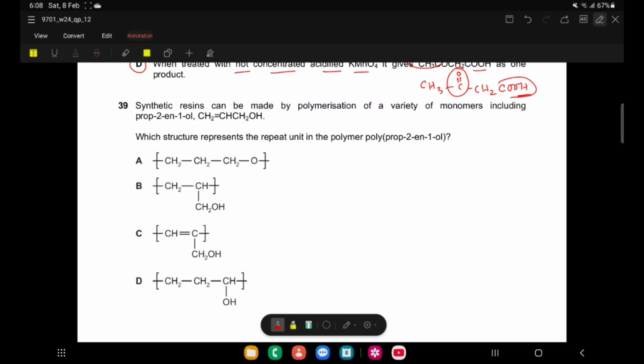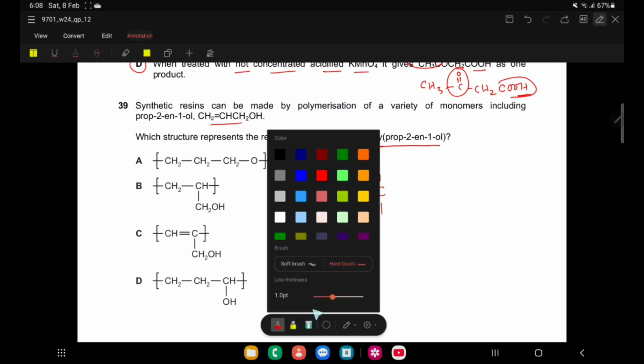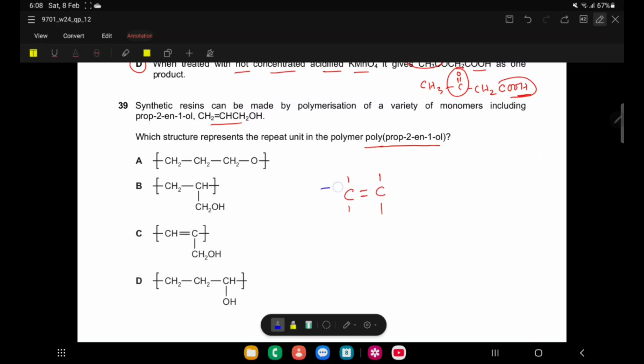Well, this will give addition polymerization. So I always say that when anything is giving addition polymerization, just write down the double bonded carbon in a horizontal line, and all the other things at the top and bottom of this carbon-carbon double bond.